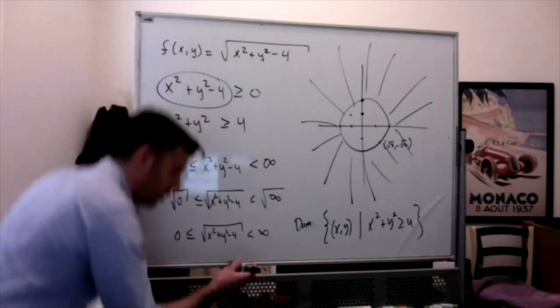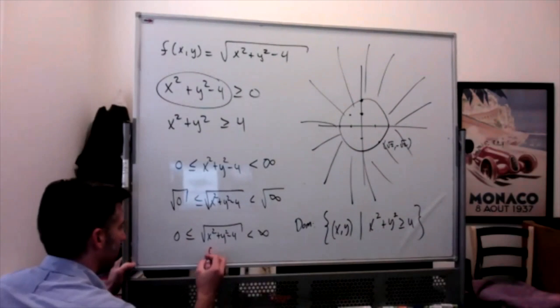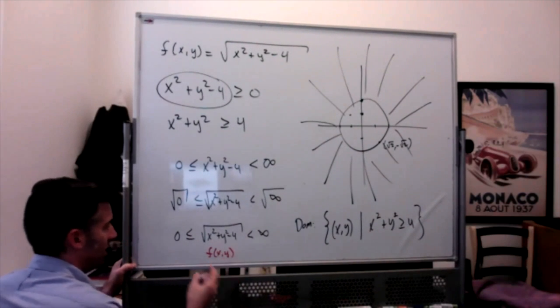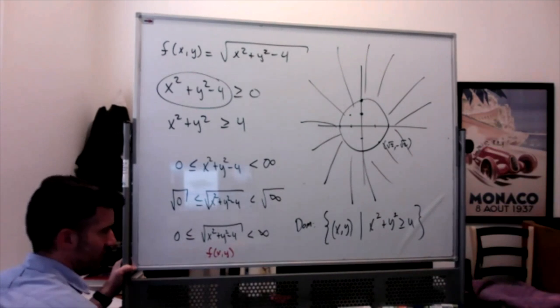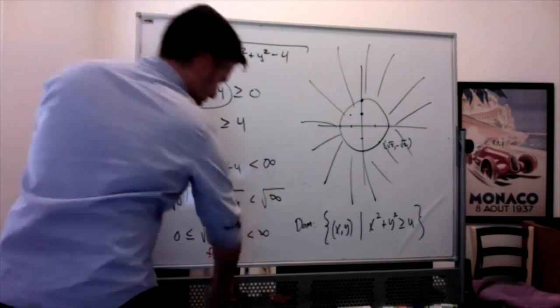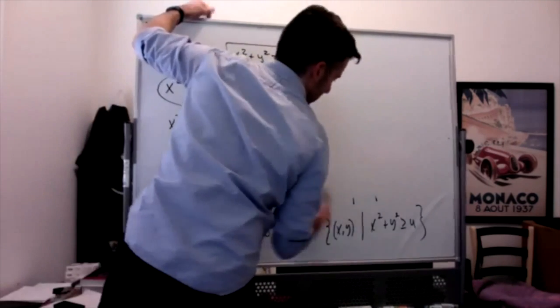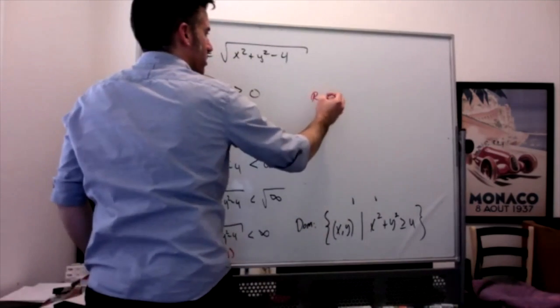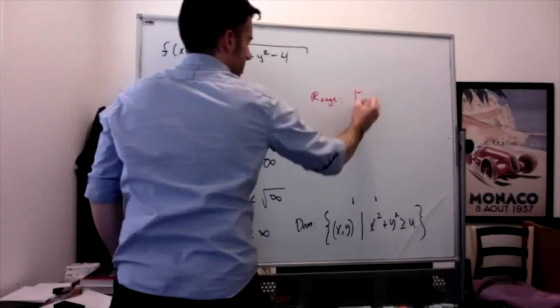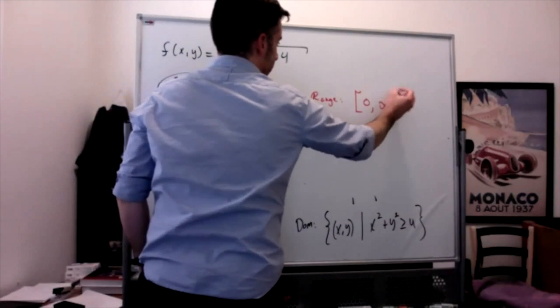So look, my function, f of x, y, is bigger than or equal to 0 and less than infinity. So my range here is 0 inclusive to infinity.